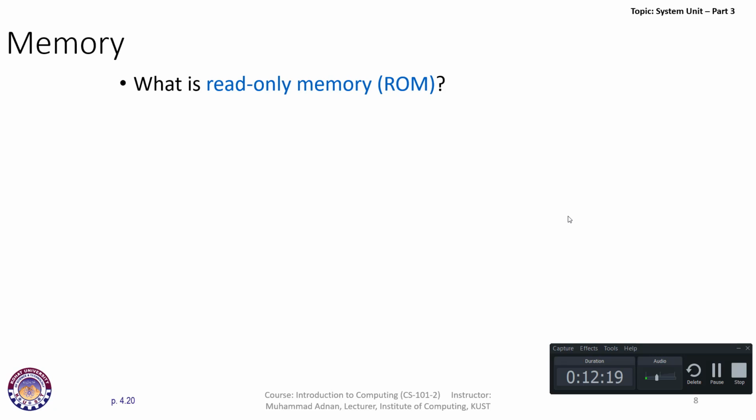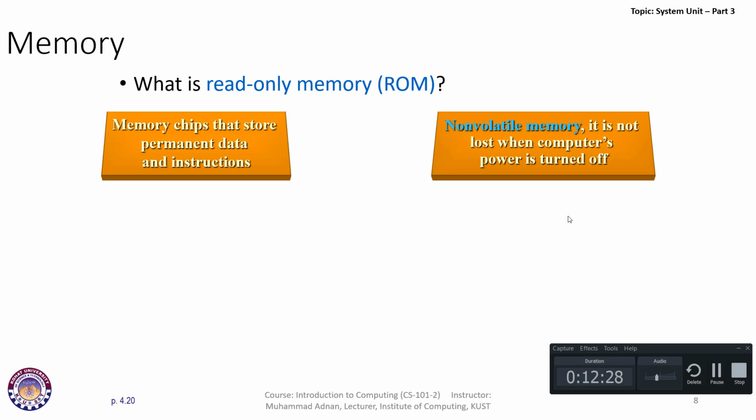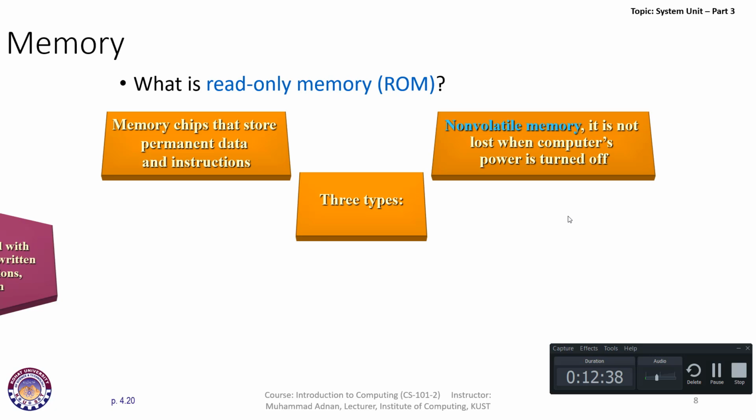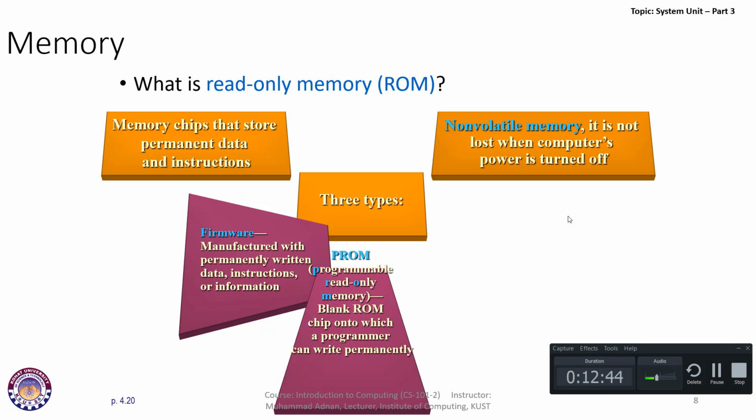And then we have another type of memory, which is a permanent memory, read-only memory, or ROM. It is built or installed on the motherboard. These are memory chips that store permanent data and instructions, so you cannot erase the data once they are stored.